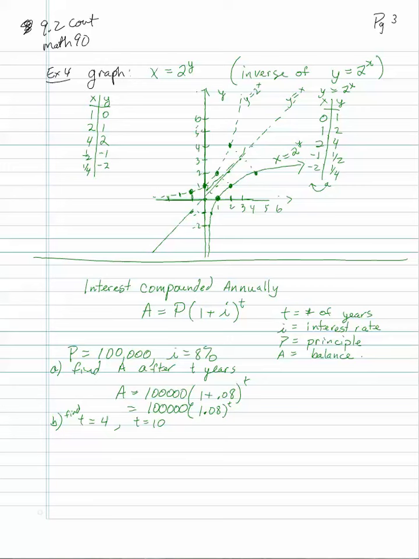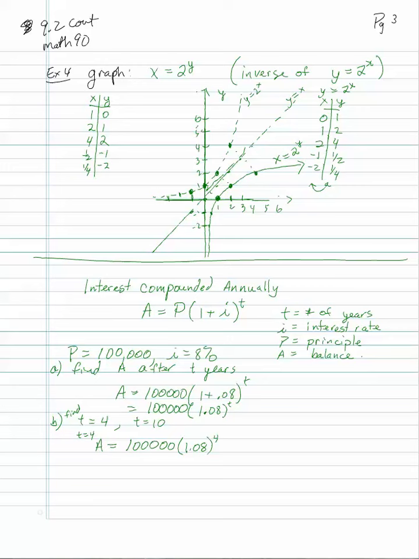Okay, so we've got 100,000 in there, it's just sitting. We earn 8% every year. So how much money do you have after 4 years? So you just plug it into the equation. On my calculator, I'll probably go 1.08 to the 4th first.